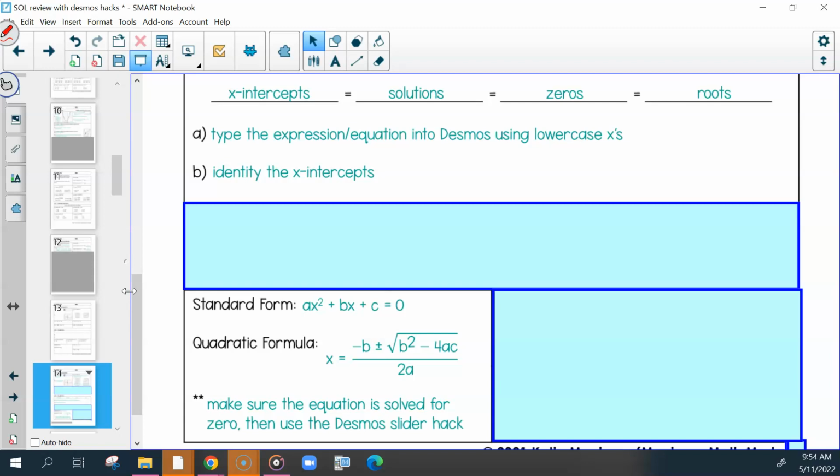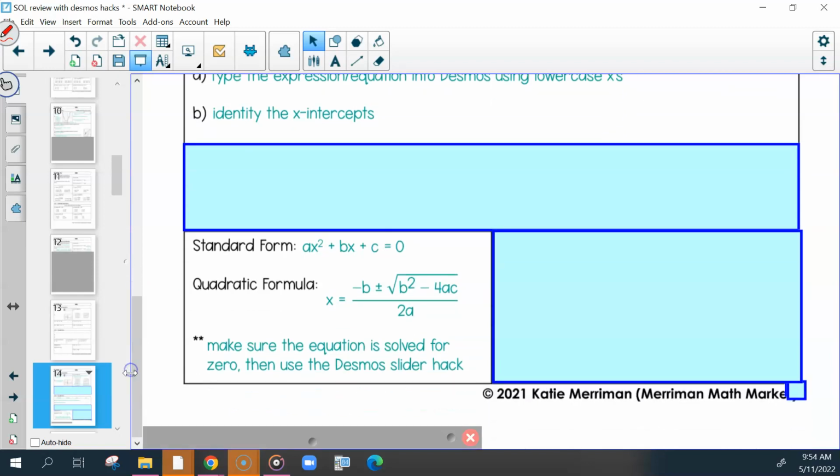Yes. As soon as possible. Does anyone need this top part? And then we'll scroll down.